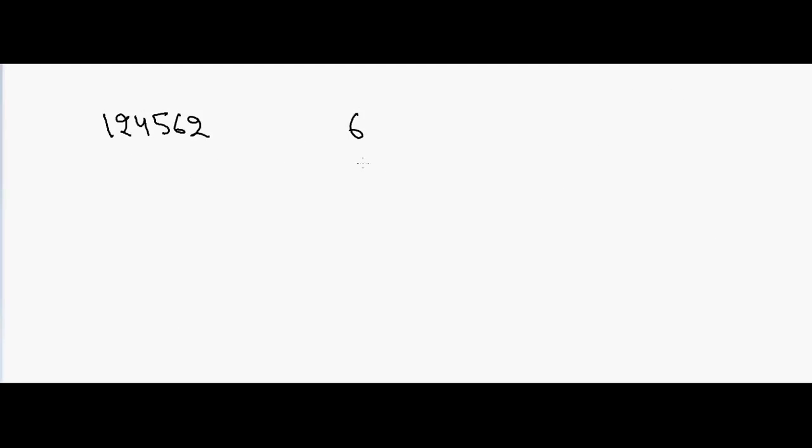So to check that, we know that 6 is a multiplication of 2 and 3. So we have to run the test for 2, and then we have to run the test for 3. Because this is an even number, we know that it is divisible by 2. So this is okay.